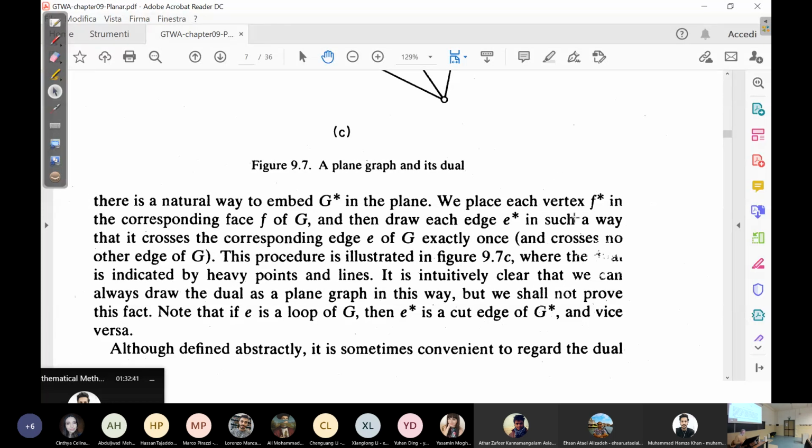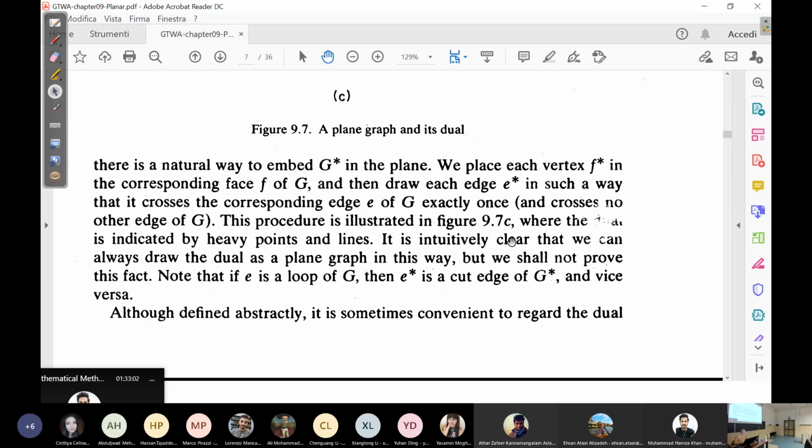We place each vertex F star in the corresponding face F of G, and then draw each edge e star in such a way that it crosses the corresponding edge e of G exactly once, and crosses no other edge of G. It is intuitively clear that we can always draw the dual as a plane graph in this way, but it should be proved.